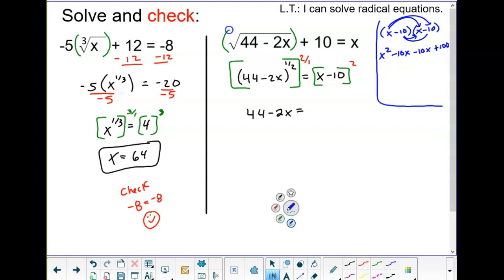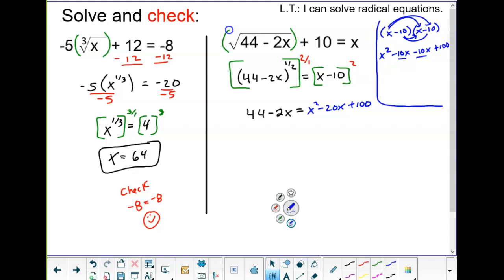So this is where our chapter 4 work comes back into play. We always keep using the skills we've learned. And then I know that the two middle terms are going to add up to negative 1x. So now we go right back to chapter 4, chapter 5. Now I have to think of how do I solve a problem like this? Well, what we need to do is keep everything on one side. And I always like to keep the squared value positive.